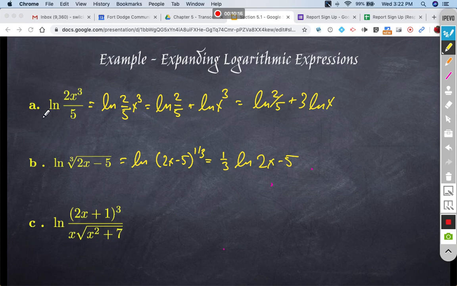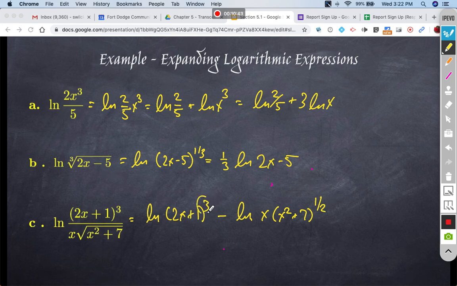Okay, this is what I was trying to talk about before. This is going to take a few more steps. I'm going to first take care of this division. So that's going to be the natural log of 2x plus 1 cubed minus the natural log of x times, let's write that in exponential form, x squared plus 7 to the 1/2.